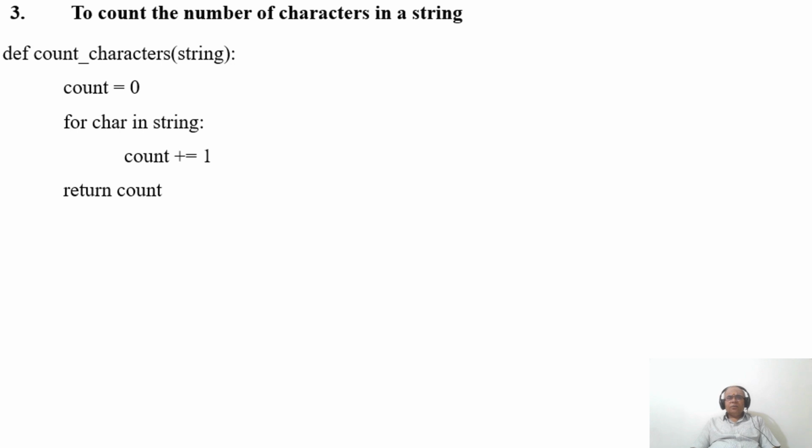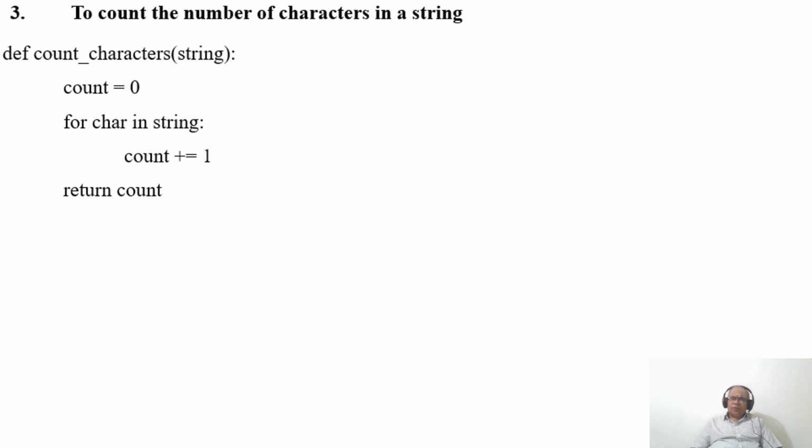What is our main aim? The main aim is to count the number of characters. Suppose I say Python, how many characters are there in that? Python has 6 characters.